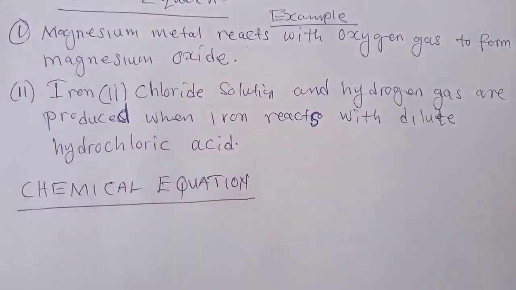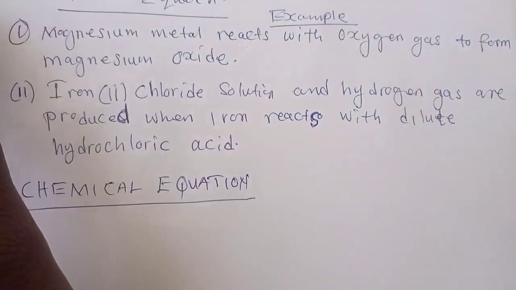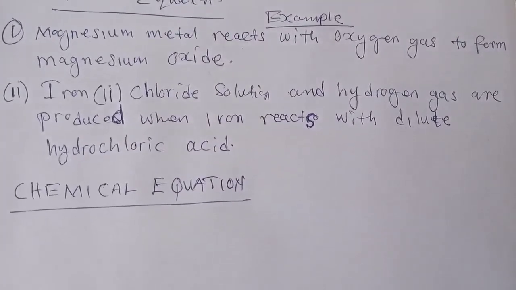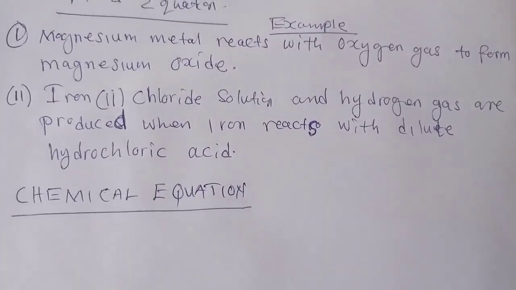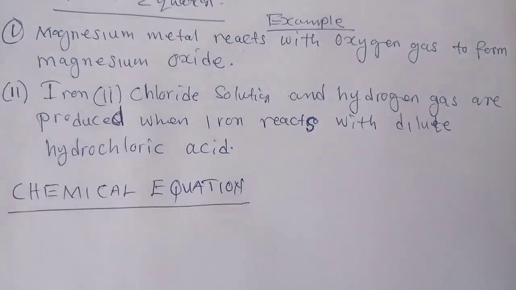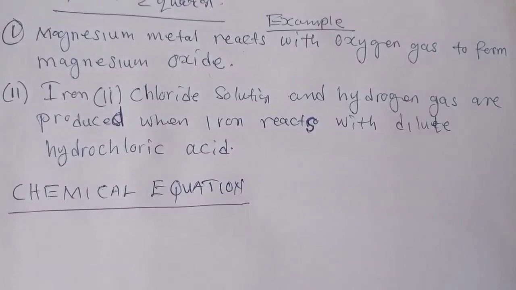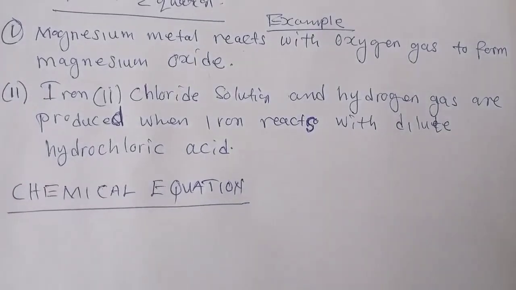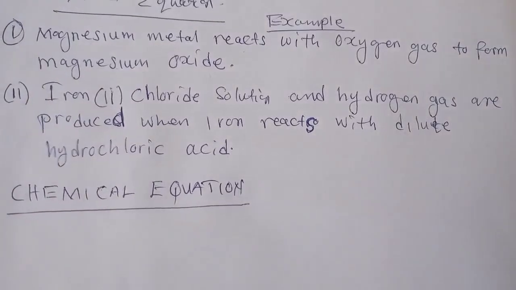Some of the elements you can find on the periodic table, but there are some radicals that I gave you during the chemistry lesson, which you cannot find on the periodic table. They are independent, they don't depend on any other atom. You need to know their valence number.